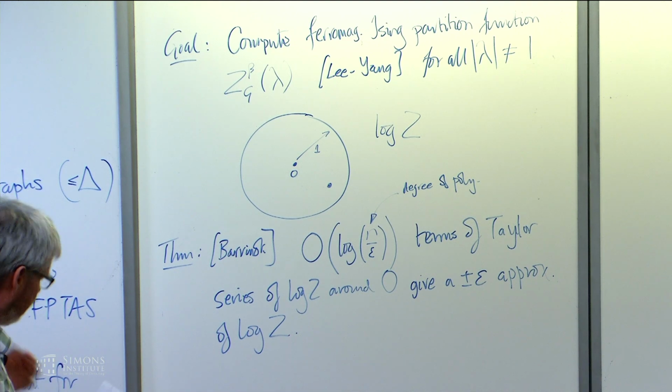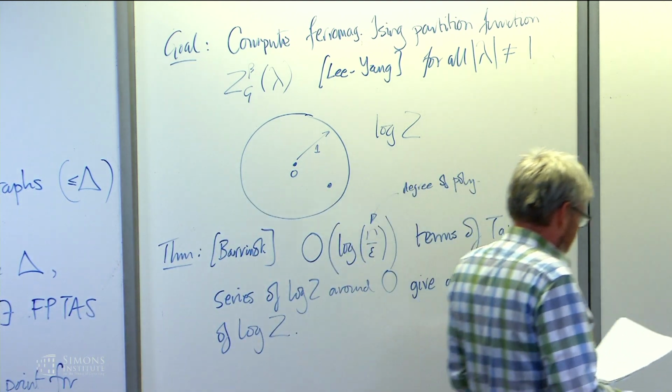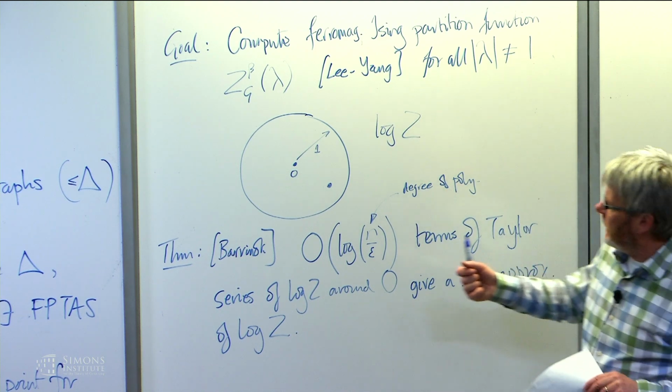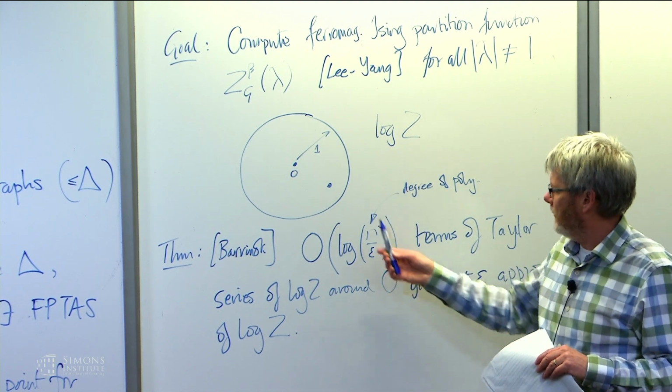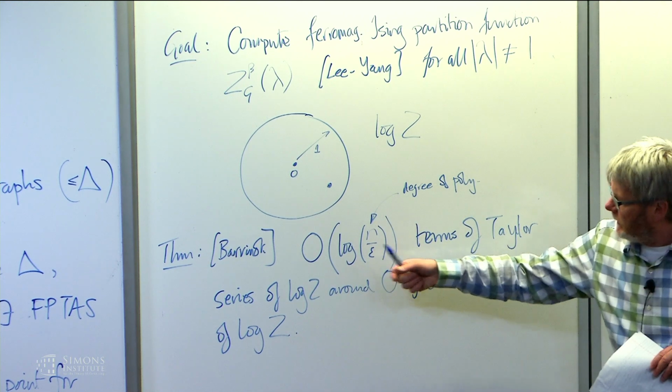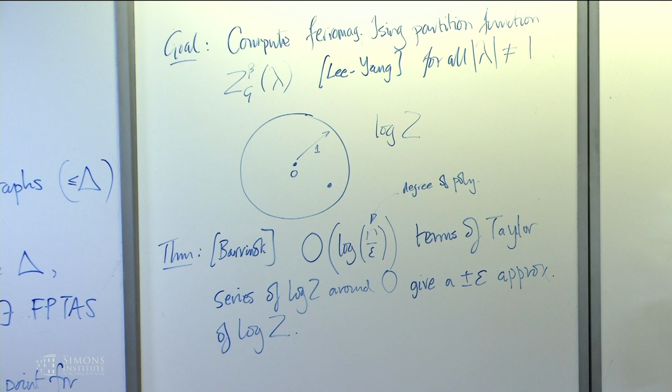And so this is enough. The algorithm is then very simple: you take the Taylor series, truncate it at this many terms, and spit out the approximation. But there are some issues.